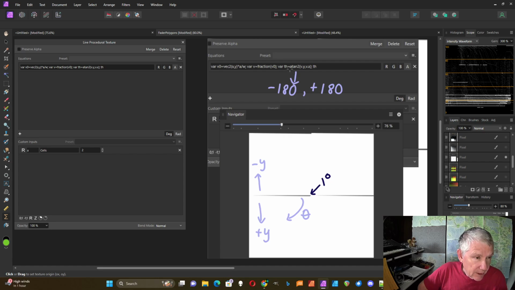The arctangent function returns a value from minus 180 to plus 180. But because my y-axis is reversed, pointing downward, my angle in this direction is a positive theta, and the opposite way will be the negative theta.